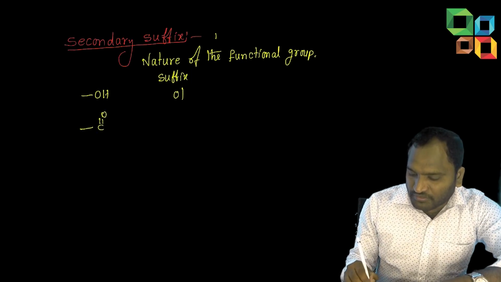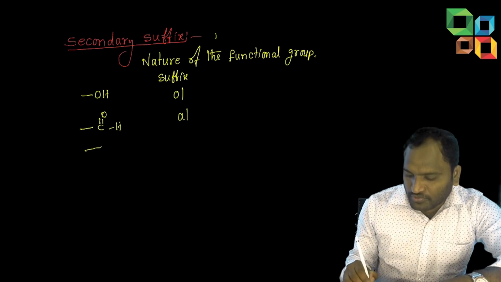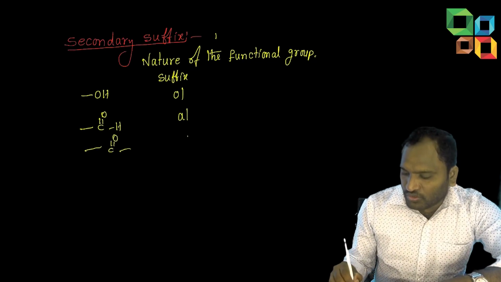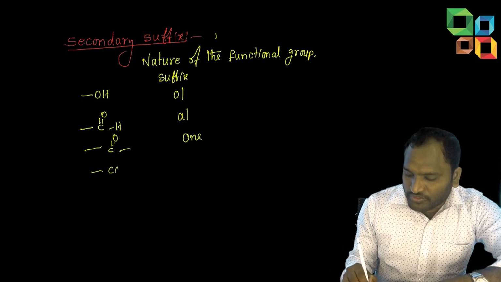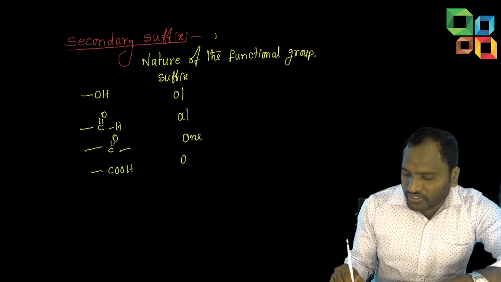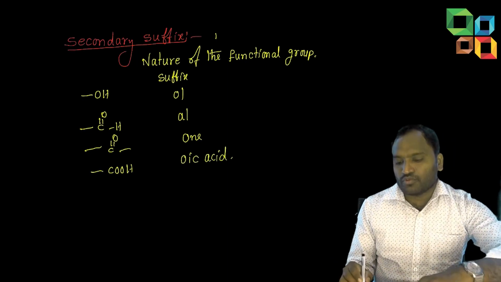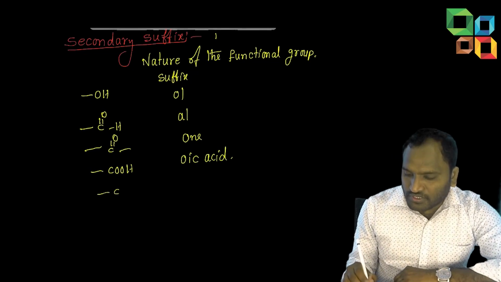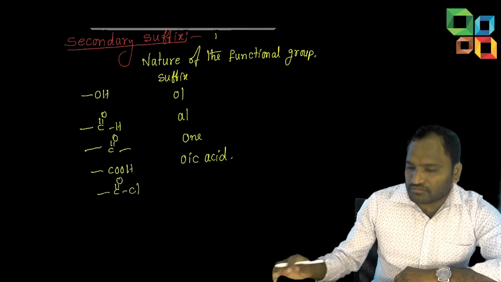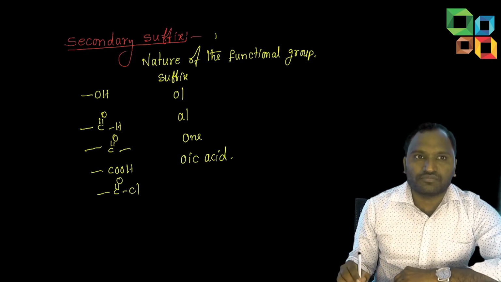Aldehyde group is there, al. Keto group is there, one. Carboxylic group is there, oic acid. Acyl chloride, COCl group is there, oyl chloride.